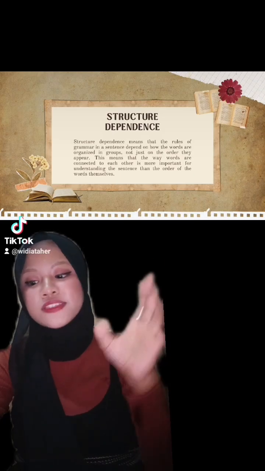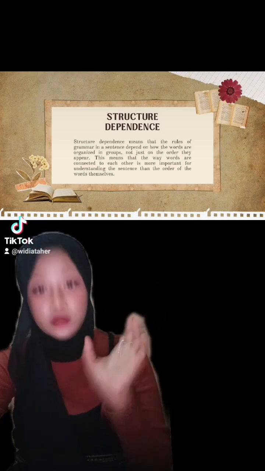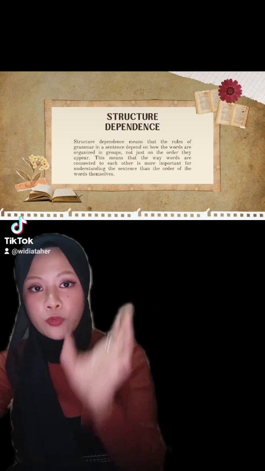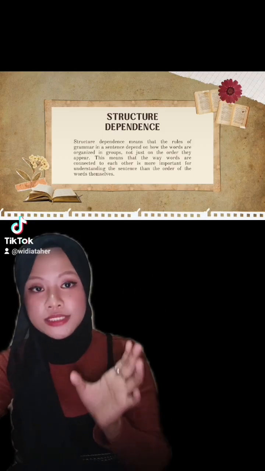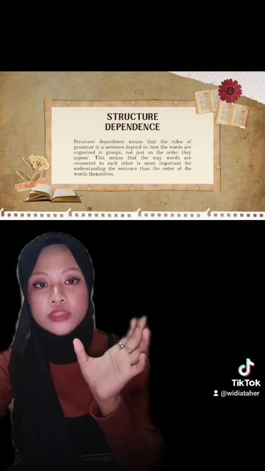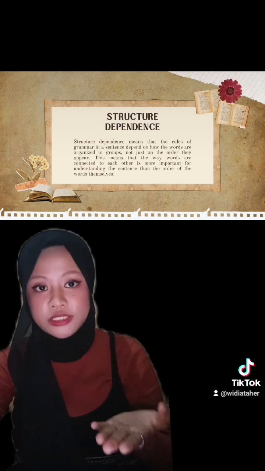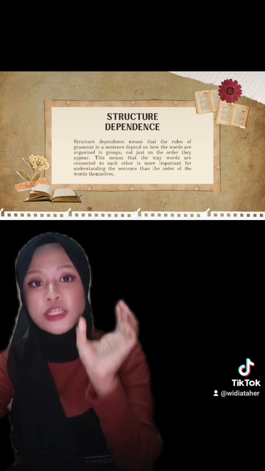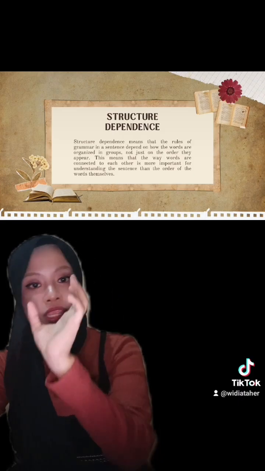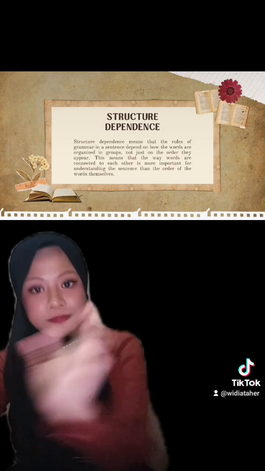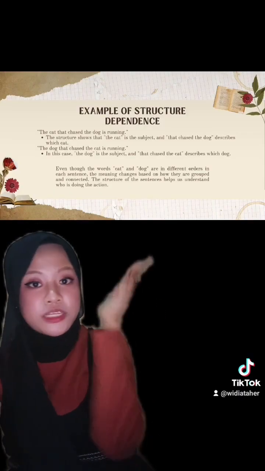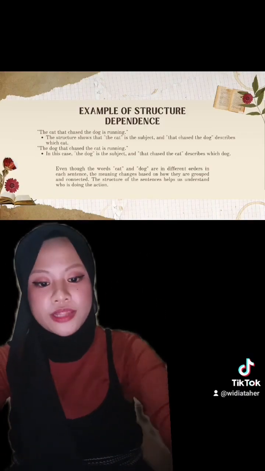Because grammar follows structure, not just word order. So it happens when you want to ask a yes or no question, and the is, are, am is put in the first position of the sentence. Like this, some examples of structure dependence.